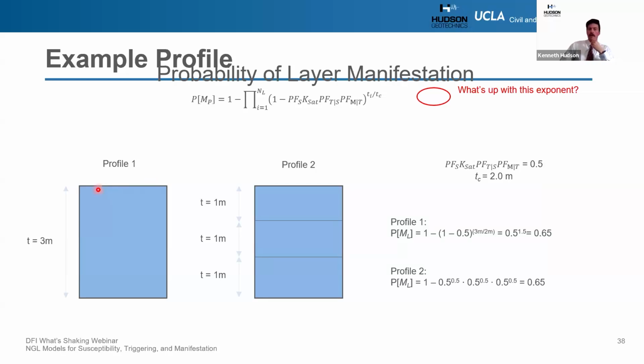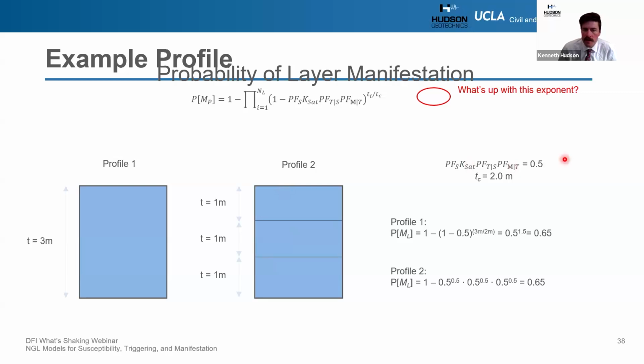If you have this profile that has a 3-meter thick layer, and then this profile too, where you take the same layer, but you say, I'm going to actually break it up into 3 layers for my analysis and analyze each one. If you don't include this T over TC exponent, then when you take the product sum of each of these layers, you actually will produce a different result.